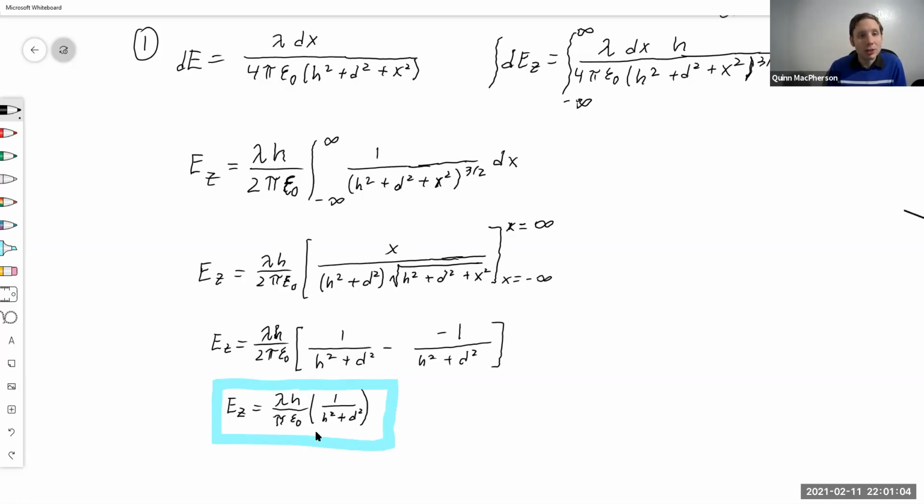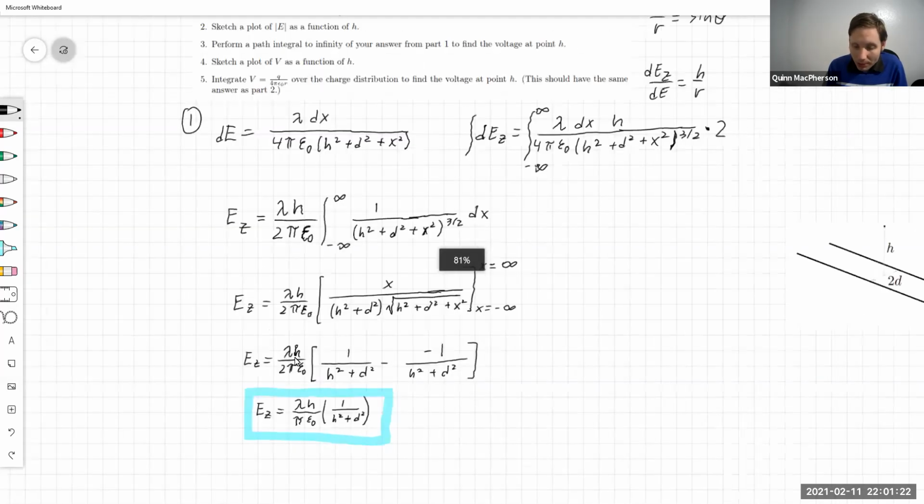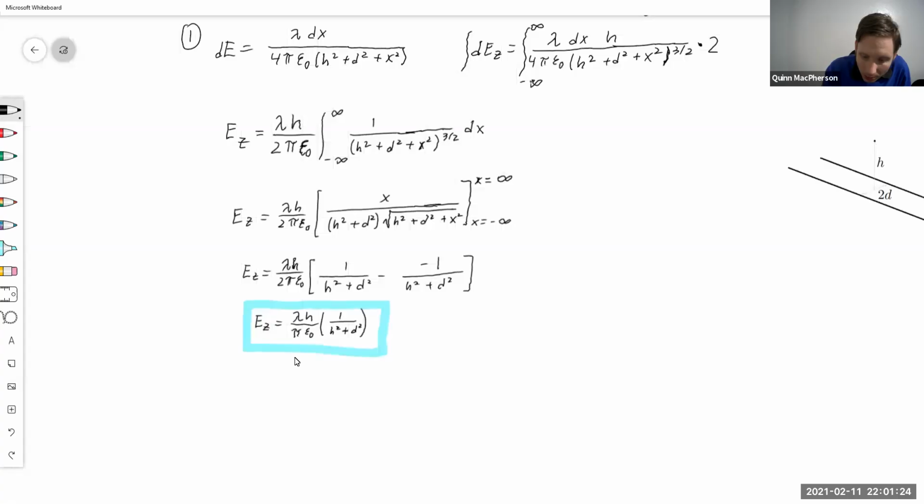Well, why do we not have the 2? It's because there are two line charges. You bring them together, basically they're a doubly charged line charge. So this does reduce to the answer you would get for a doubly charged line charge if d goes to 0. So this sort of has the right behavior. Okay, so that's part number 1. So part number 2.